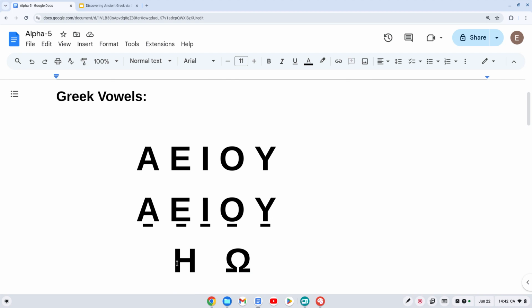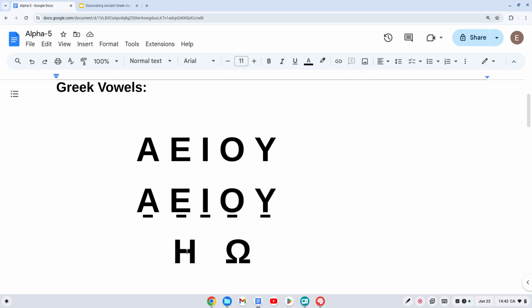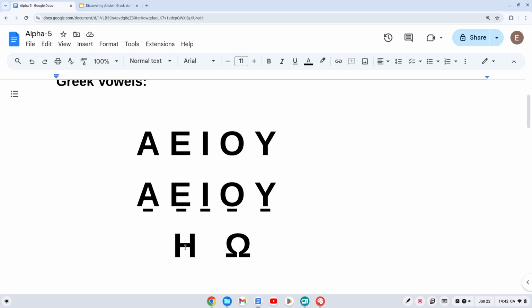And theta, which could be used either as an H, as in English, or as a substitute for long eta, and a stylized version of omega.